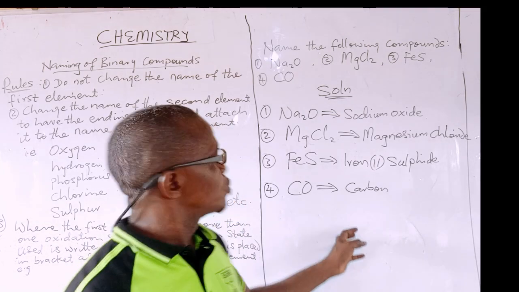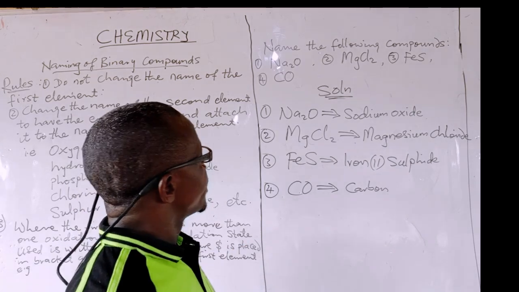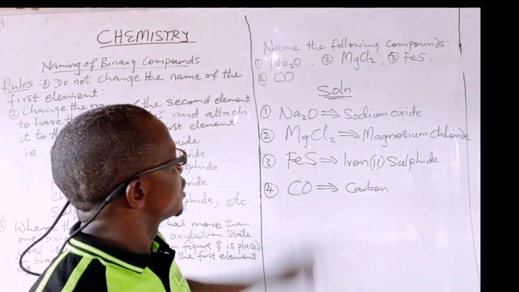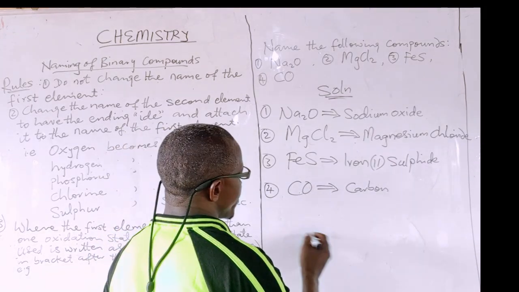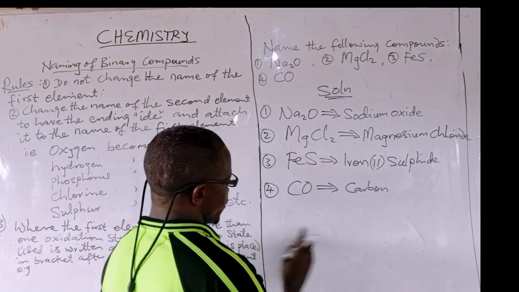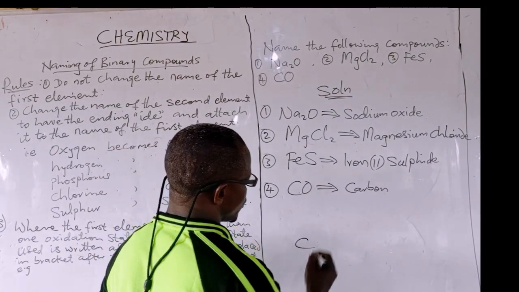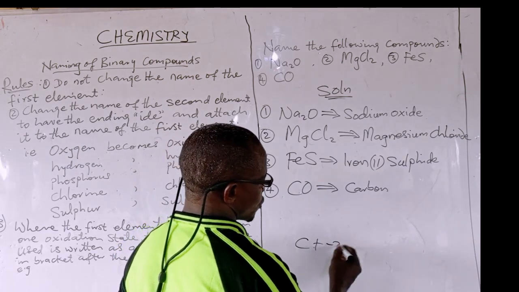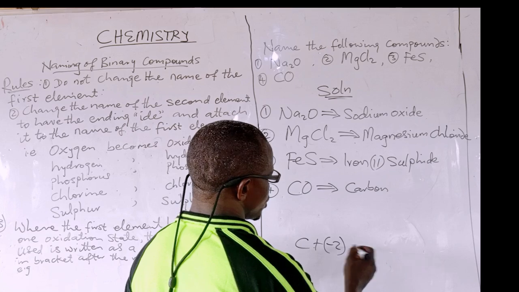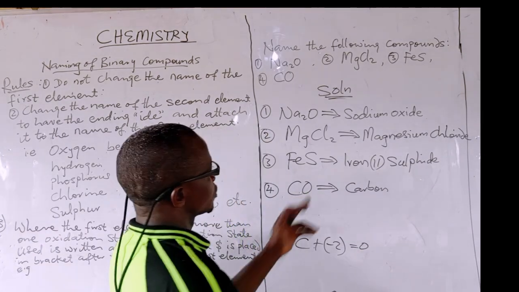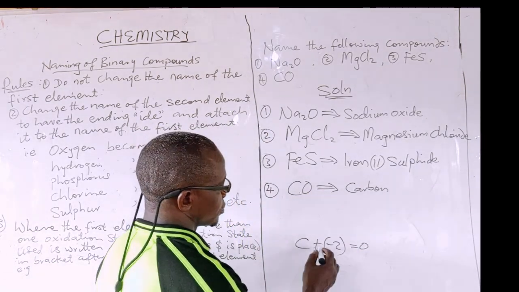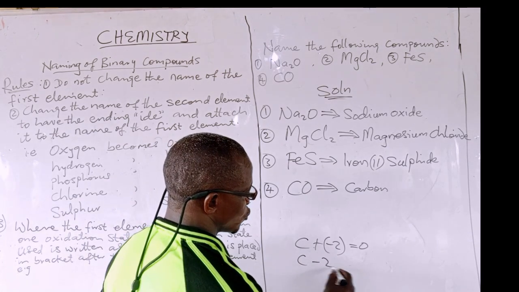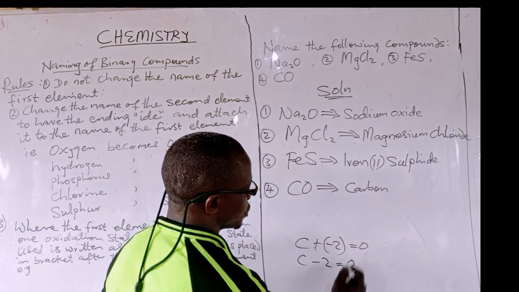Now, I want to calculate the oxidation state of carbon in this compound. Remember, if I say carbon, I don't know, plus oxygen is always what? Minus 2, as I told you, equate it to 0 because no charge there. Now, C plus minus 2 equals 0.